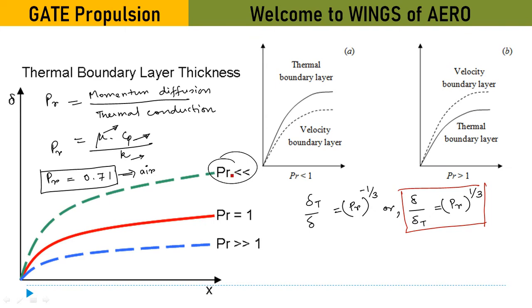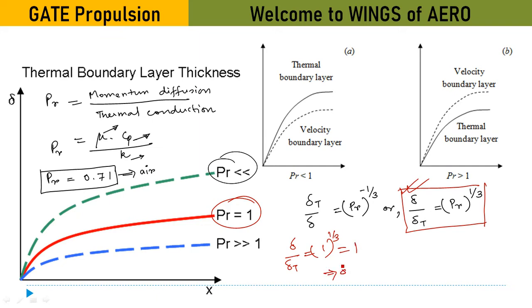Let's substitute in this formula, right? So del by del T equals 1 power 1 by 3. Now 1 to the power anything is going to be 1. Now what can I state from here, can I say del is equal to del T?